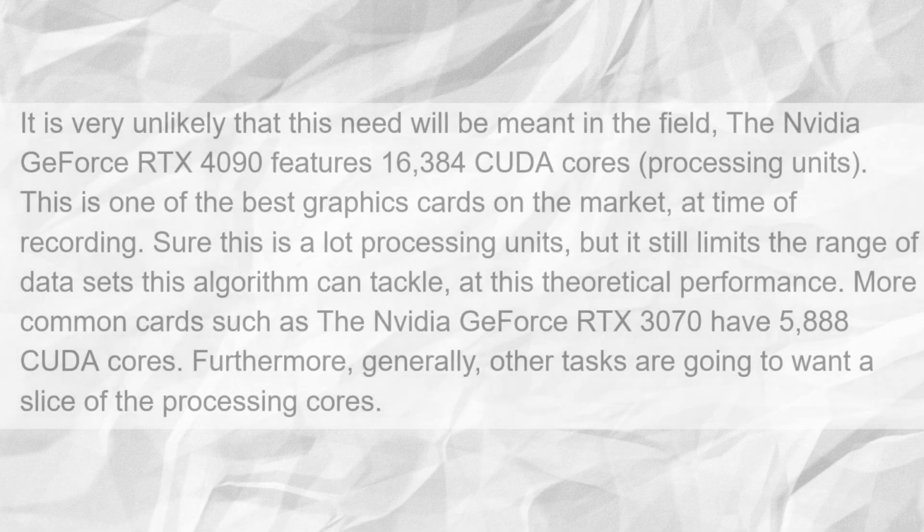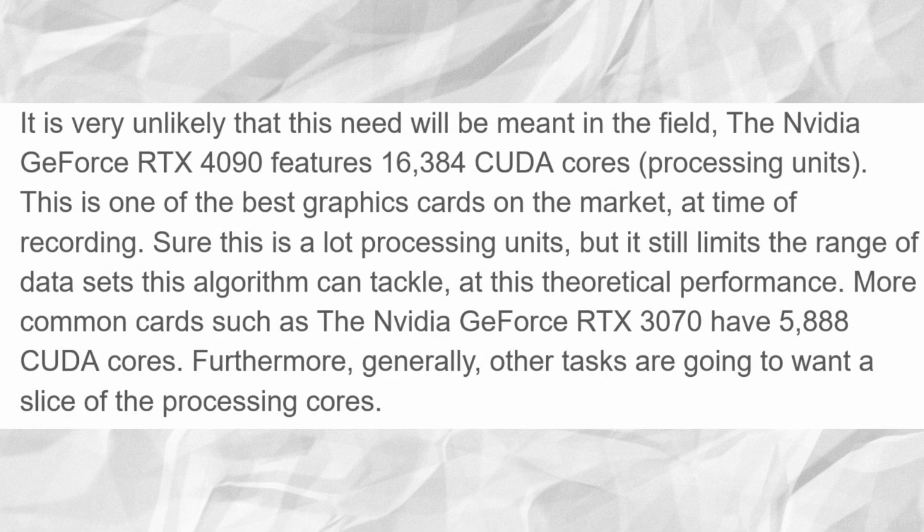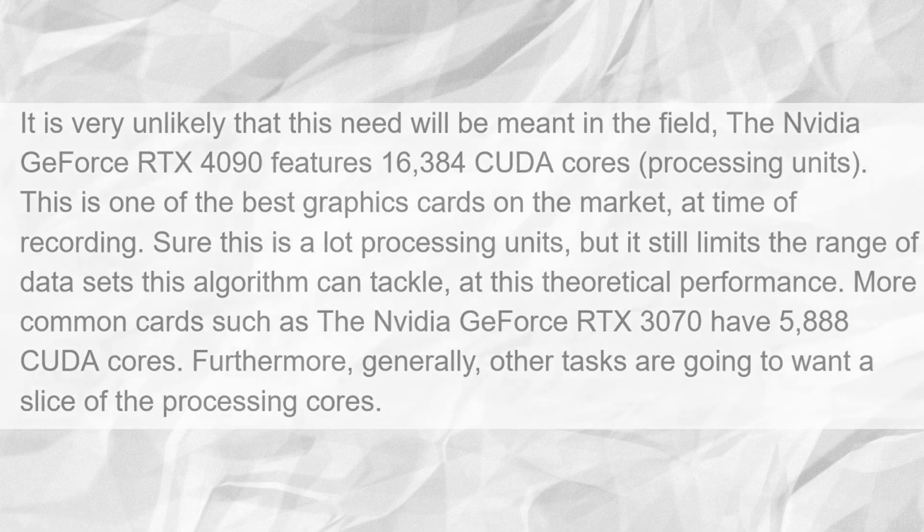The elephant in the room, and probably the most obvious limiting factor, is that the algorithm needs O(n) processors for optimal performance. Most systems aren't going to have processors that scale linearly with data size, and most data sets that you're probably going to be sorting in the field are going to be pretty large.